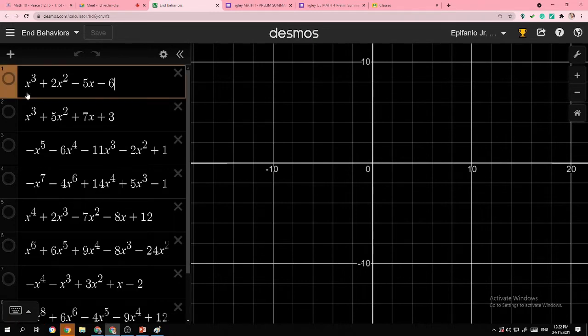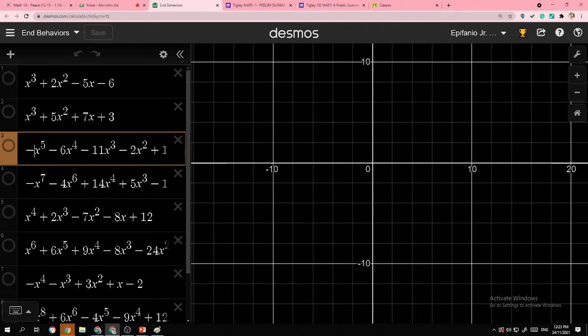The first one, what is the leading coefficient? What is the sign of 1? Positive. So take note, number 1, odd degree, positive leading coefficient. Number 2, positive 1. Number 3, negative 1.